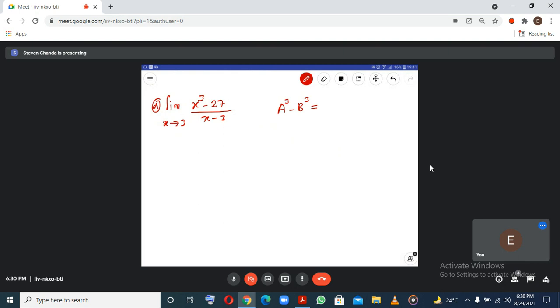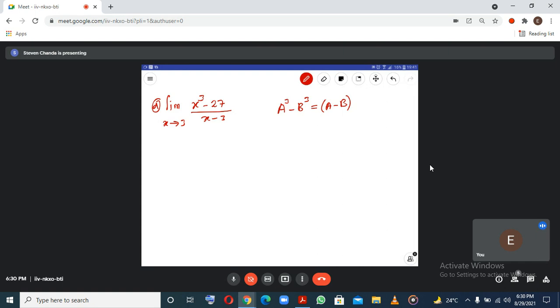Then, of course, if you want, you can use binomial expansion to do this expansion. No, sorry, not binomial expansion. You can use the factoring of polynomials to actually do this.